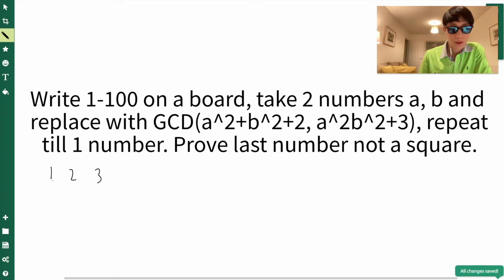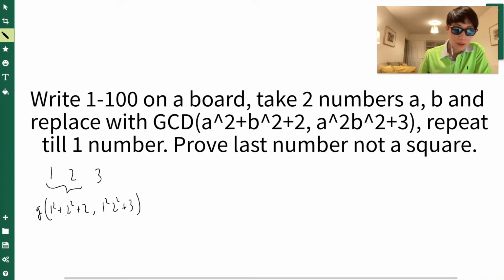Here, if I take these two numbers, 1 and 2, as A and B, I want the GCD of 1 squared plus 2 squared plus 2 and 1 squared times 2 squared plus 3, which is the GCD of 1 plus 4 plus 2, which is 7, and 1 times 4 plus 3, which is also 7, so it equals 7. So that cancels these out, and we end up with 7 and 3.